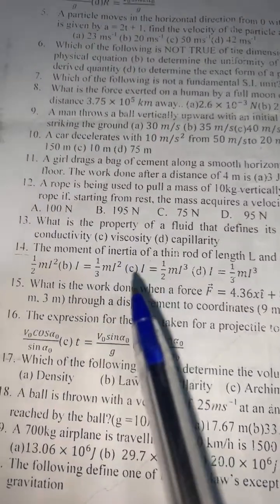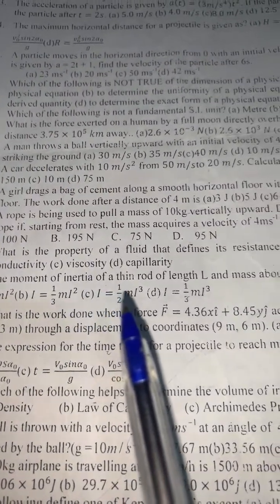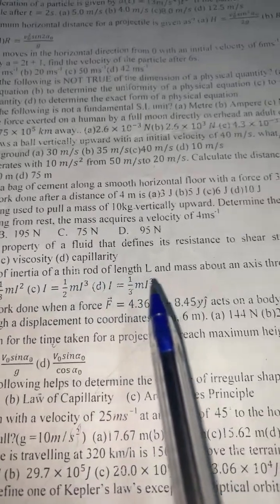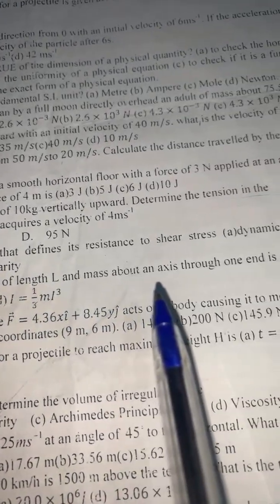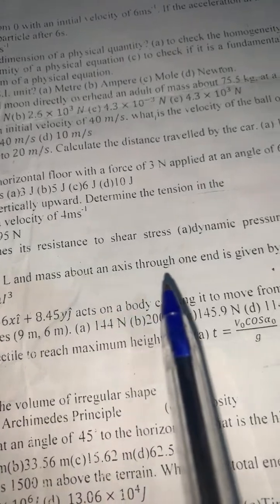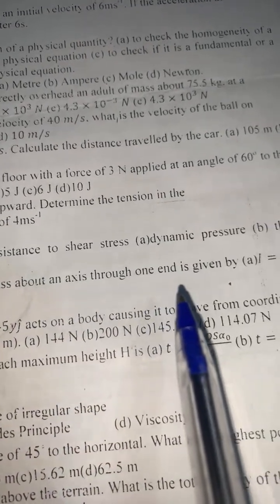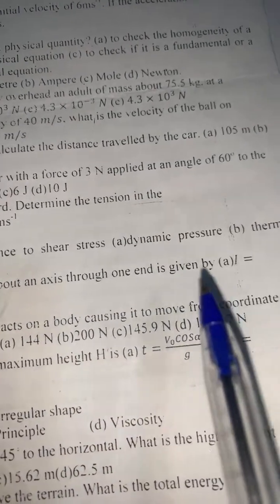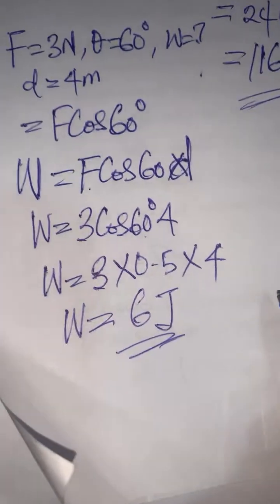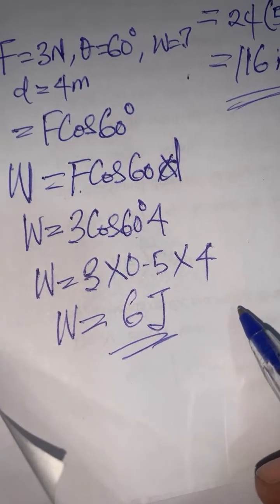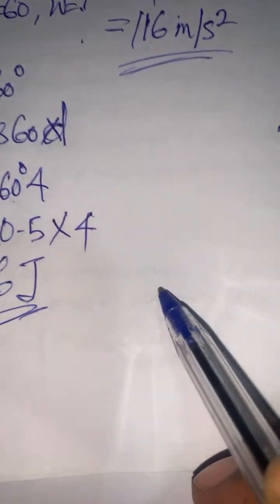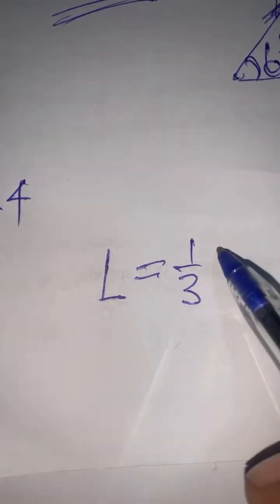The moment of inertia of a thin rod of length L and mass m about an axis through one end is given by. That one is simple. Moment of inertia, I don't know how far you're familiar with this aspect of physics, but the moment of inertia is 1/3 for a thin rod.